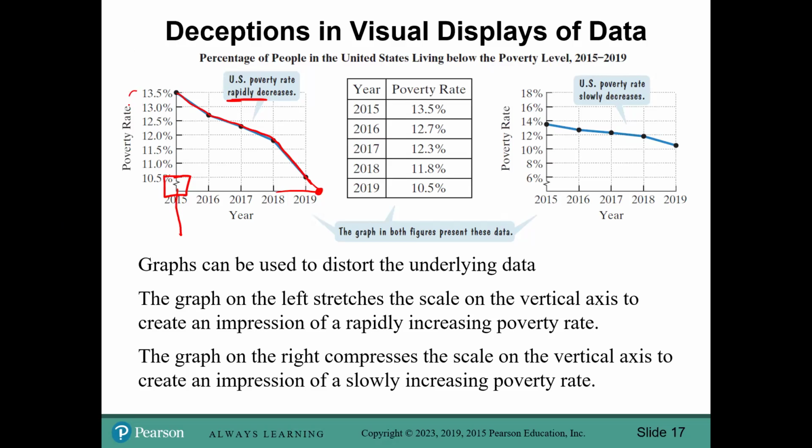And if this is just 1% here, then 10.5 to 9.5 to 8.5, 7.5, 6.5, 5, 4, 3, 2. This thing doesn't bottom out until like the bottom of the slide.